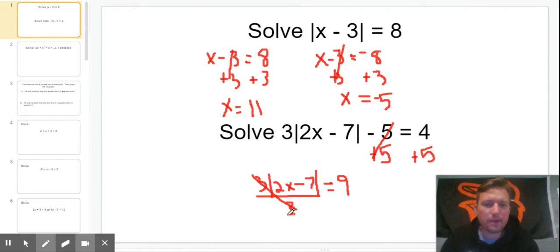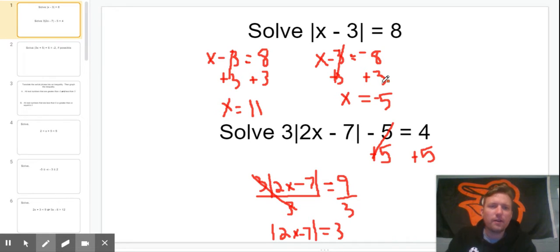So I divide 3 by 3, that gives us 1, and 9 divided by 3 gives us 3. So what we're left with is the absolute value of 2x minus 7 equals 3. And hey, that looks pretty familiar to the problem that we have up here.